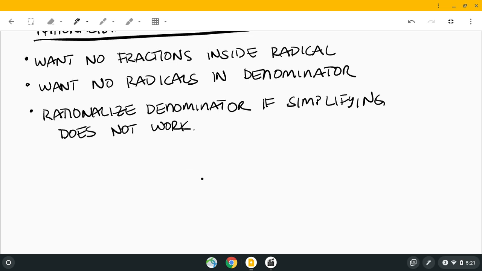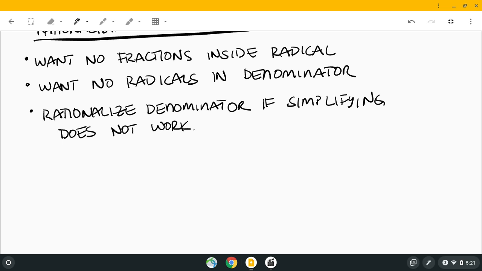So radicals, like if you have square root 5 in the denominator, then your denominator is a real number, but it's an irrational number. Square root 5 is an irrational number. Okay, it's a decimal number that goes on forever and ever without repeating.